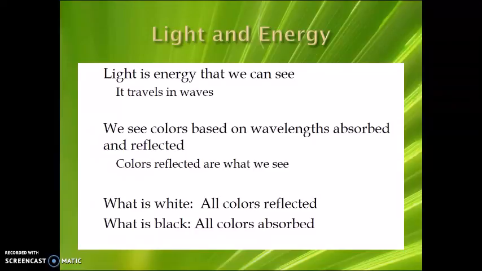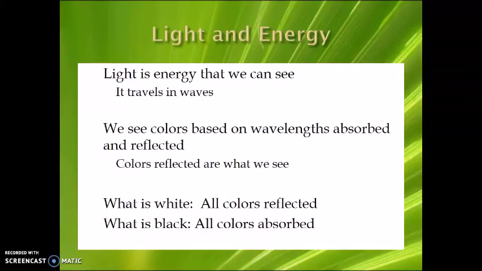What bounces off hits our eyes and is what we see. So if you see white, that means it's reflecting all the colors of the rainbow, and it's all the colors mixed together. If something looks black, then all the colors are actually being absorbed. And so black is actually the absence of light because nothing is bouncing to your eye. And so your eye interprets it as black.